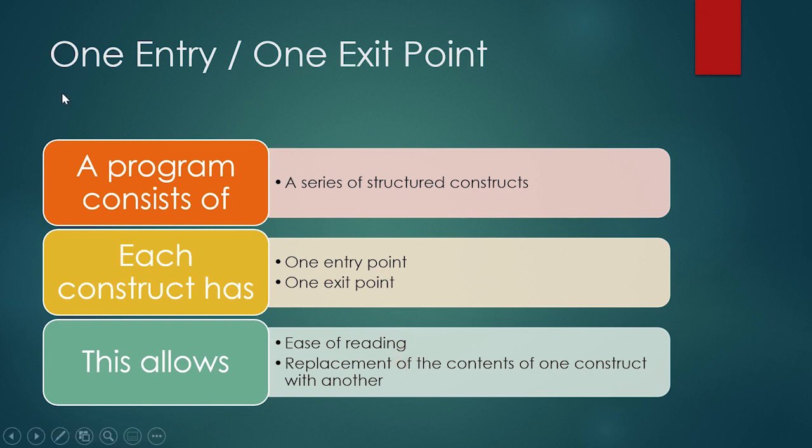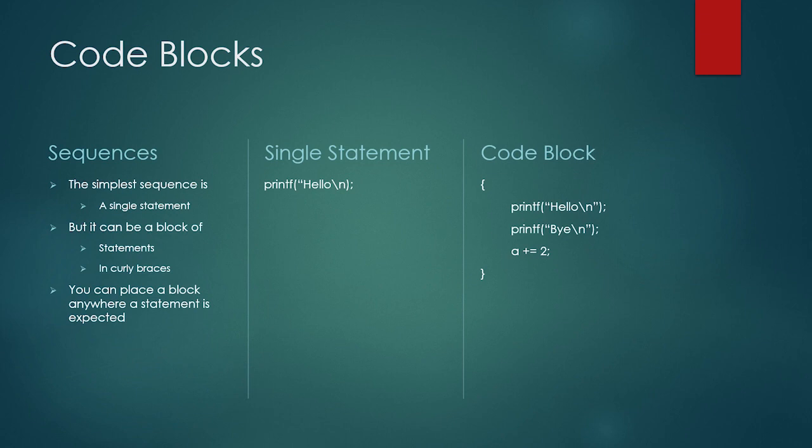But it also means that you can replace the internals of one of these constructs with another internal, and you don't have to change anything around it because it just has one entry and one exit, and nobody cares how it works internally. So that makes maintaining your program a lot easier.